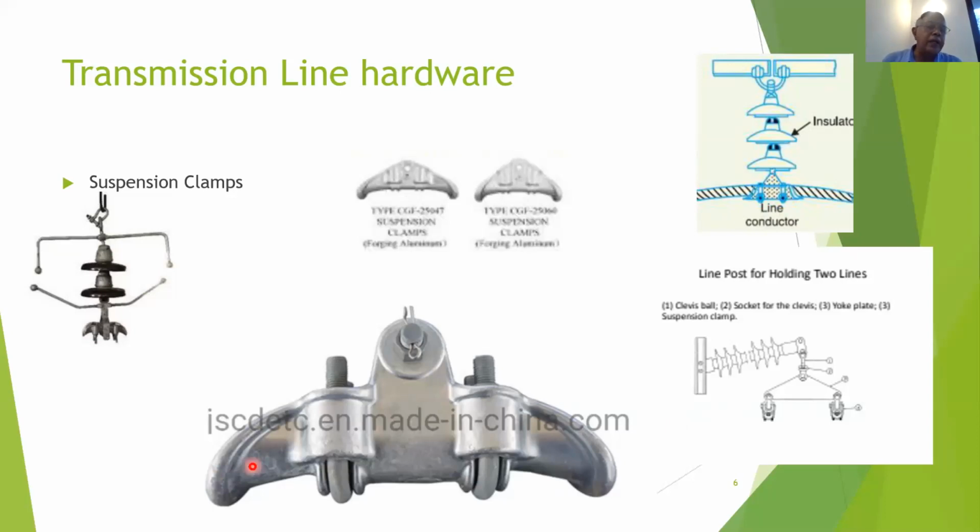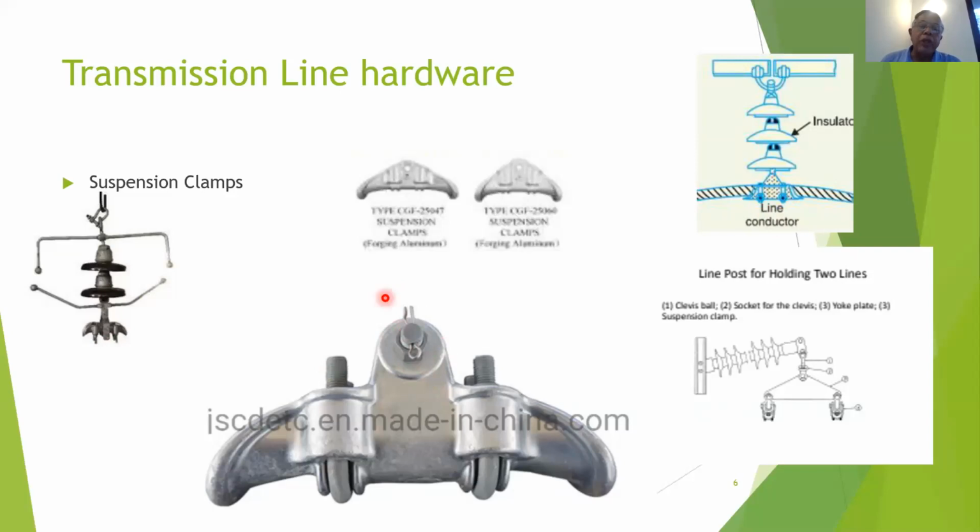And the suspension clamp is on a suspension string, connected like this. And here also, the line conductor goes through the suspension clamp, and the suspension clamp here is connected to a hardware called an eyeball. I'll show you the eyeball in the next slide.